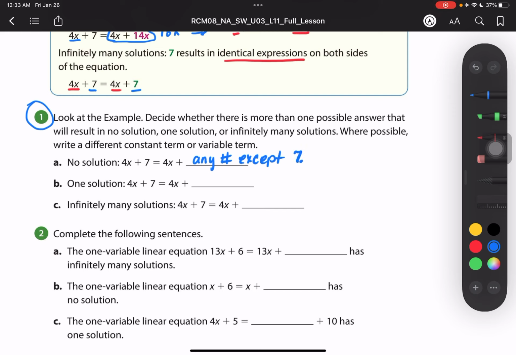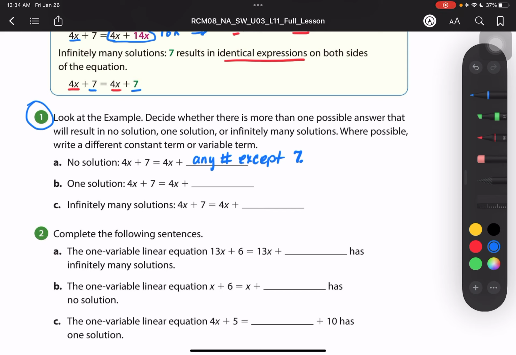Okay, so whatever answer you put in this blank is correct as long as that number is not a 7. That's a real easy way to check your answer, because all you're doing now is checking your homework that you already see points for.